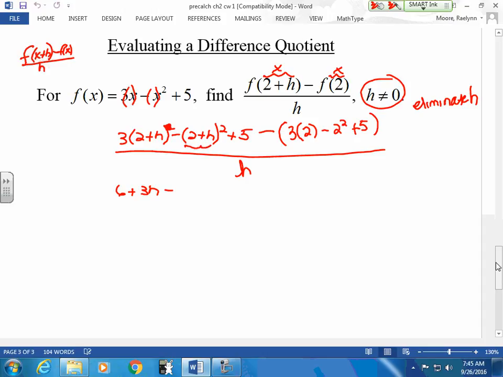Be careful of this, because this says 2 plus h times 2 plus h, and minus this whole thing. So be careful where your minus signs go. So 4 plus 2h plus 2h. So we're minusing this whole thing.